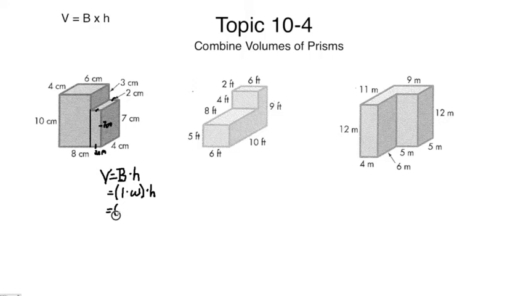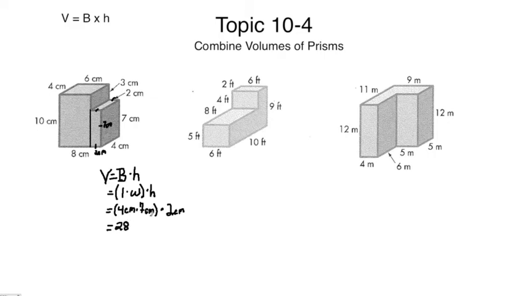So I'm going to plug in for my length 4 centimeters, and then I'm going to make this my width, 7 centimeters, and plug in the height, which is 2 centimeters. Okay, so now I can chug. 4 times 7 is 28.